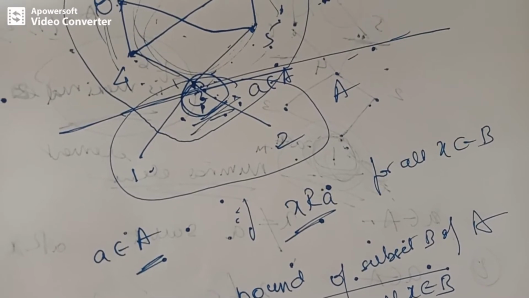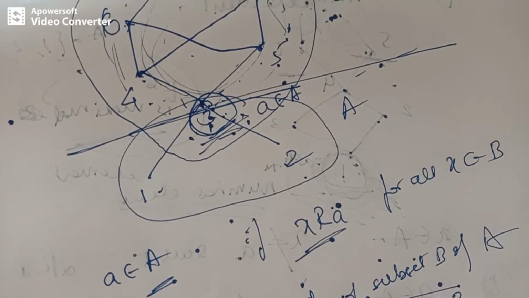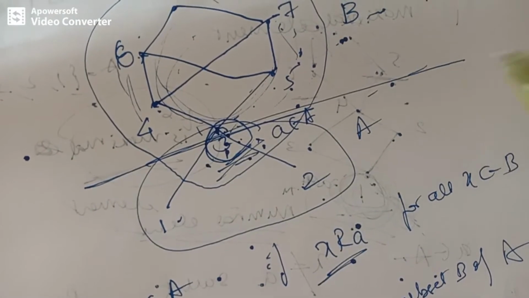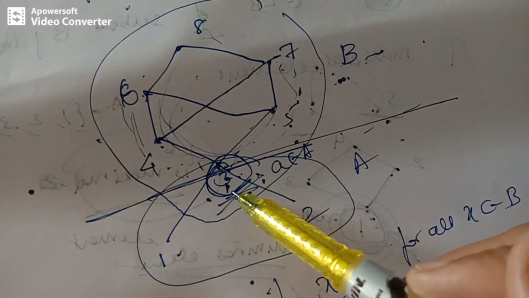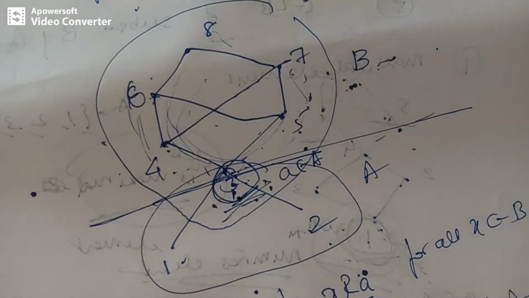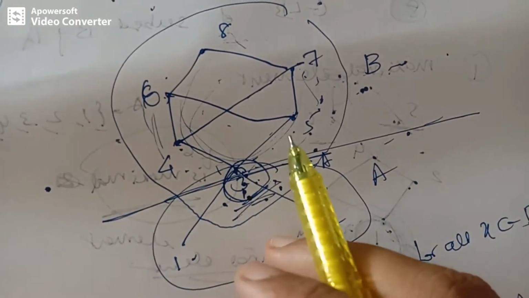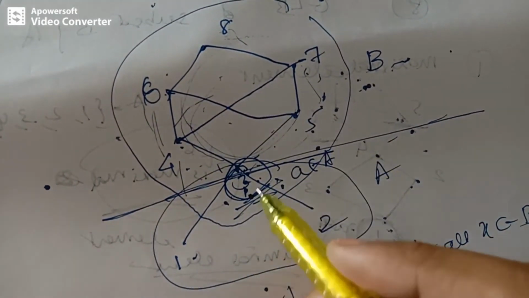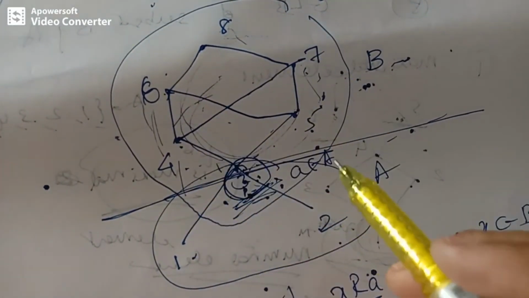For example, you can observe the lower bounds of subset B. So which is the lower bound? See, the upper bound 3 will be related to all the elements, and this 3 is the least upper bound in the set B, right?